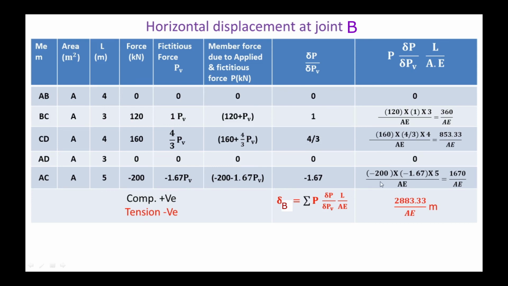Here is 0, and the last is P equal to minus 200 into del P by del PV which is minus 1.67, into length 5 meter, divided by AE, so that is equal to 1670 divided by AE. The summation of these values is the horizontal displacement at joint D, that is equal to 2883.33 divided by AE in meters.